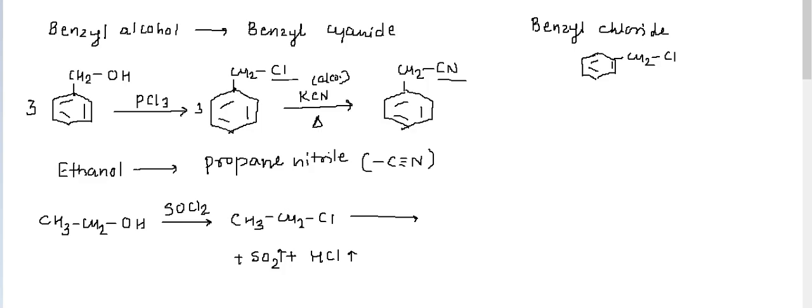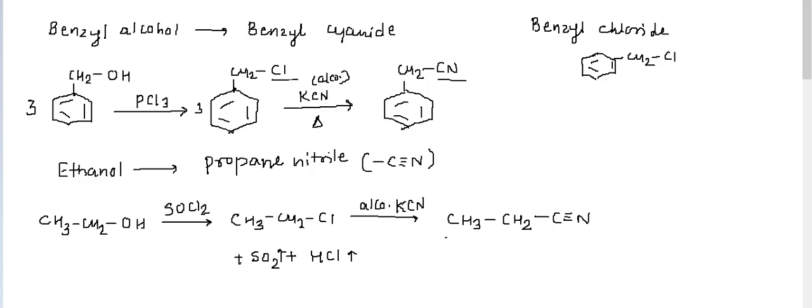Now when you treat this ethyl chloride with KCN, alcoholic KCN, then Cl gets replaced by CN. This is a nucleophilic substitution reaction. CH3CH2C triple bond N. Now you have got the product, propane nitrile.